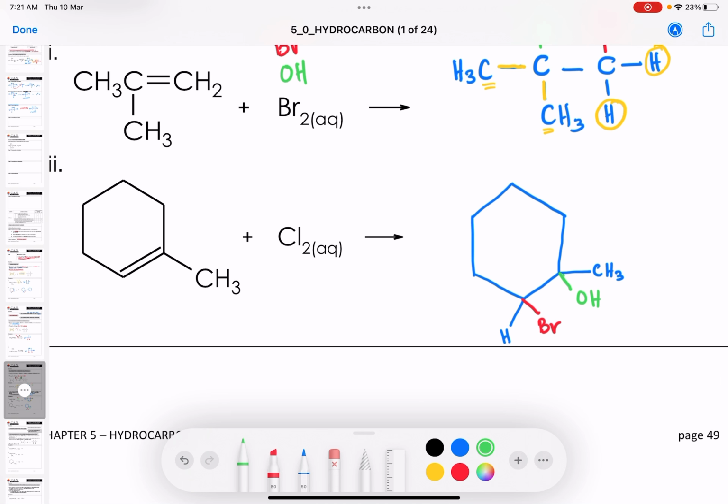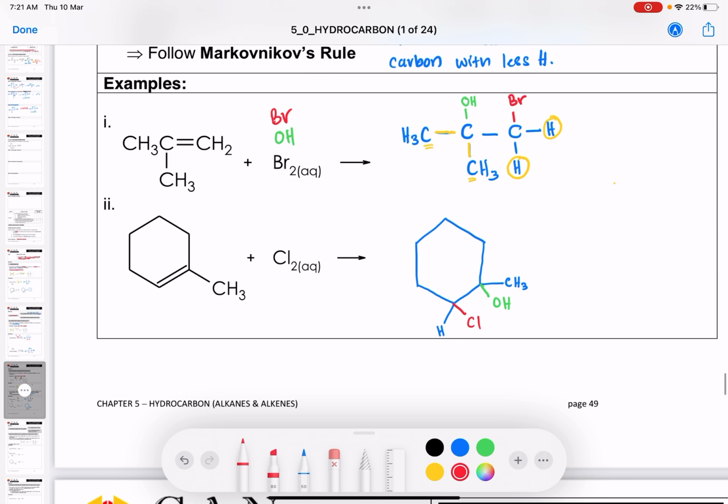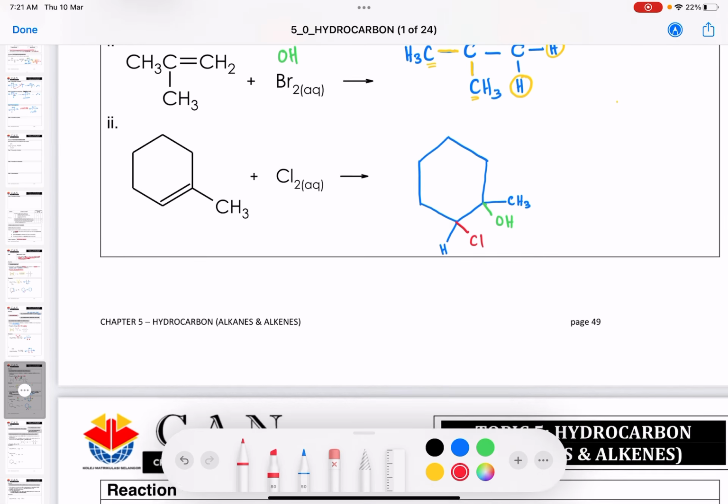Okay, sorry, not bromine. This one is Cl. All right, there you go. That is how to add the species according to the Markovnikov rules.